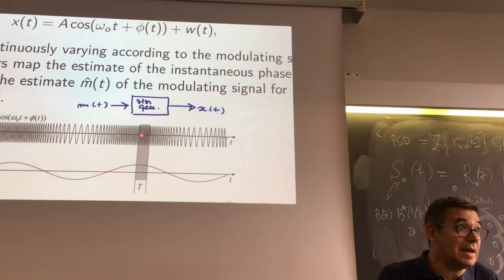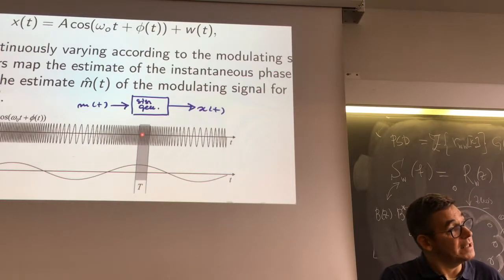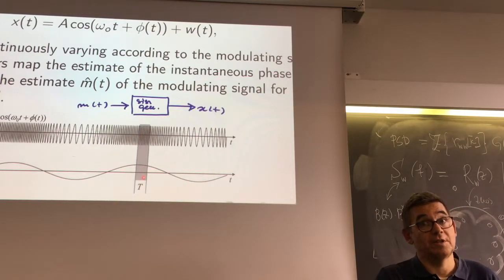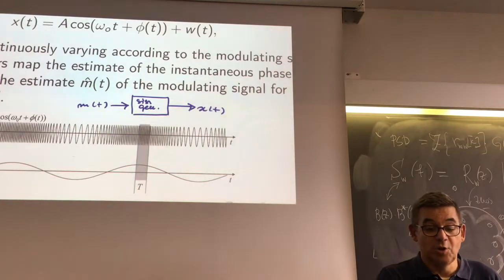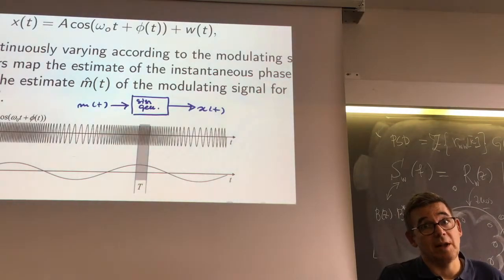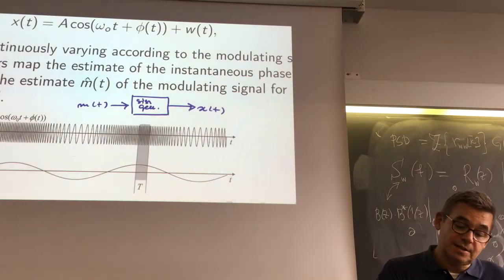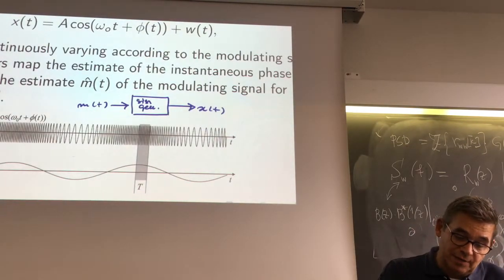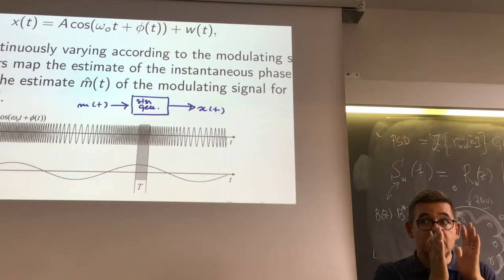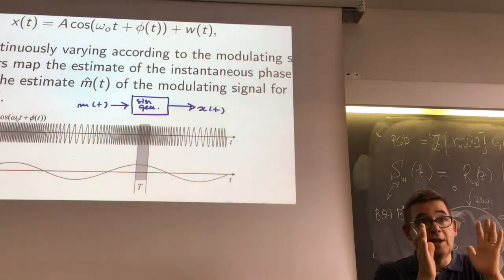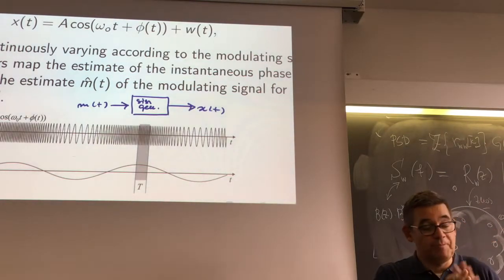When I estimate the phase or its derivative, which is the frequency, it is approximately constant within this interval. So I'm approximating the variation of the phase by a piecewise linear approximation.